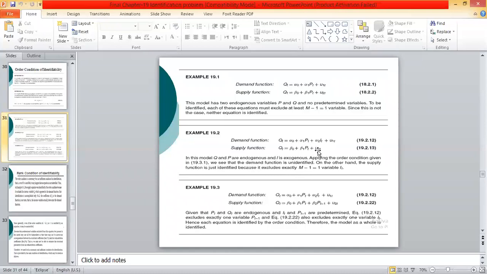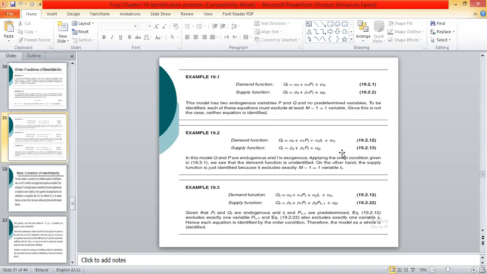So from this analysis, we can conclude that the demand function is unidentified because it excludes nothing from the equation. For the identification of the demand function, it must exclude at least m minus 1, but it excludes nothing.